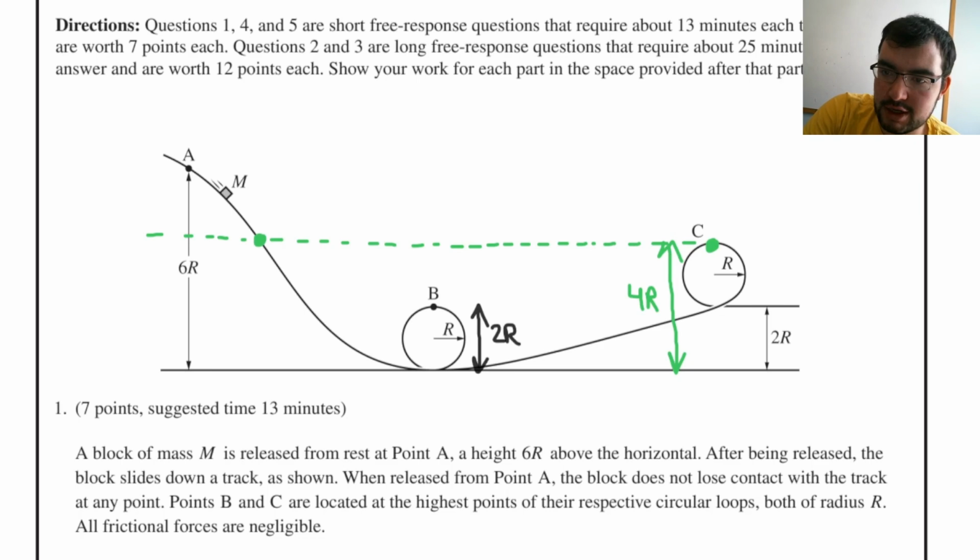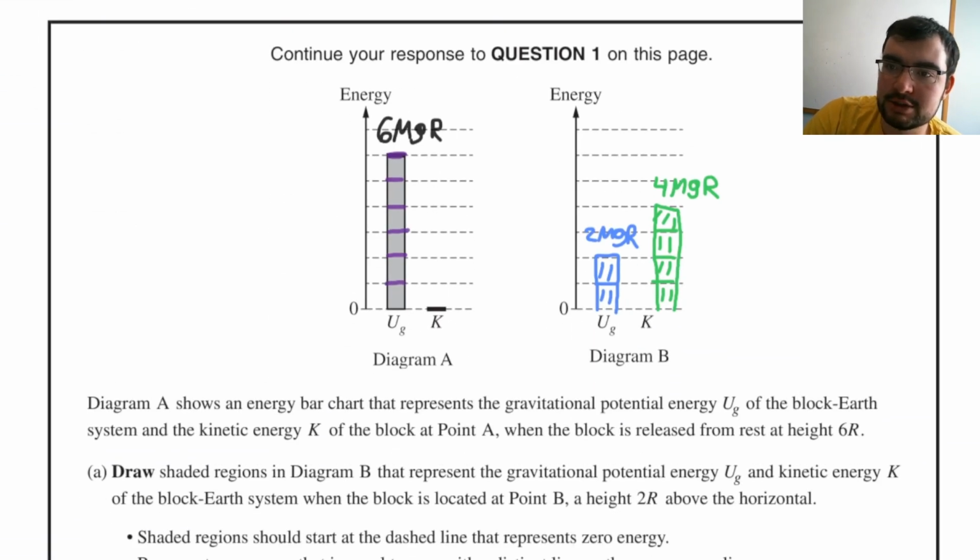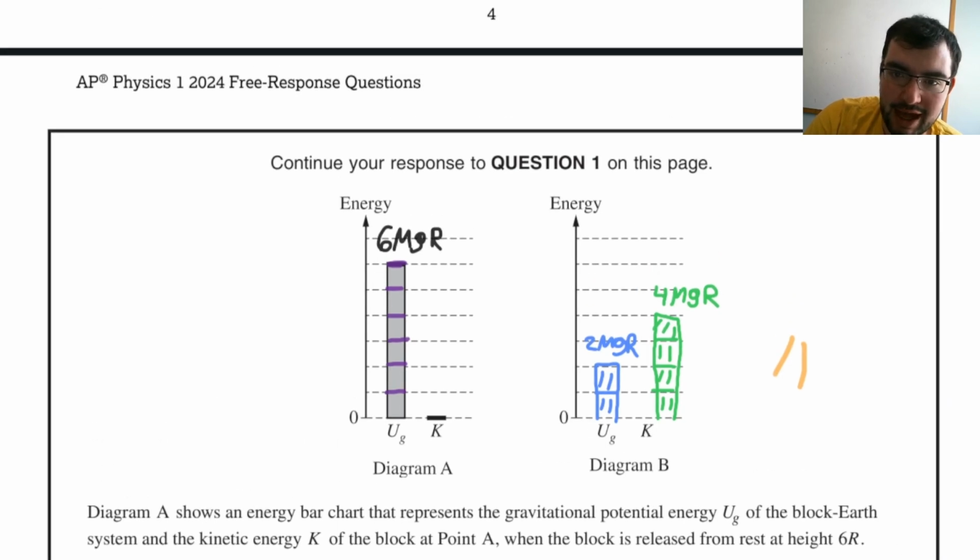So let's see, we're trying to add up to 7 points here. I bet the energy bar chart is just going to be 1 point. It's pretty straightforward. So to get the point, both bars have to add up to the 6 mgR, and they have to come in this relative ordering.